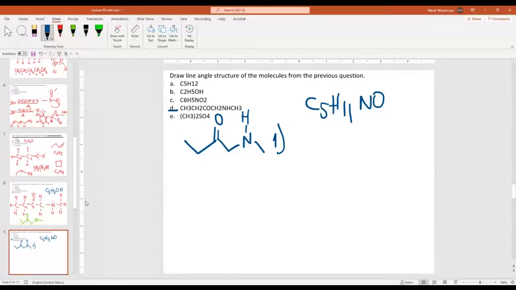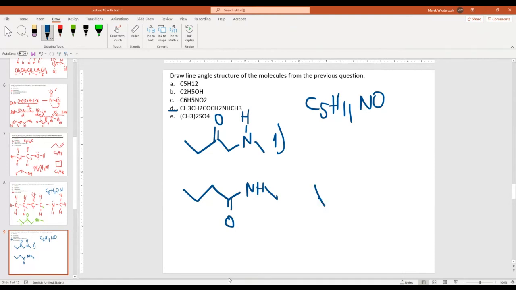But if you think about it, the best way is just to move the carbonyl group first. So you can draw the same molecule here, and instead of having a carbonyl in the third position, you can have it here.